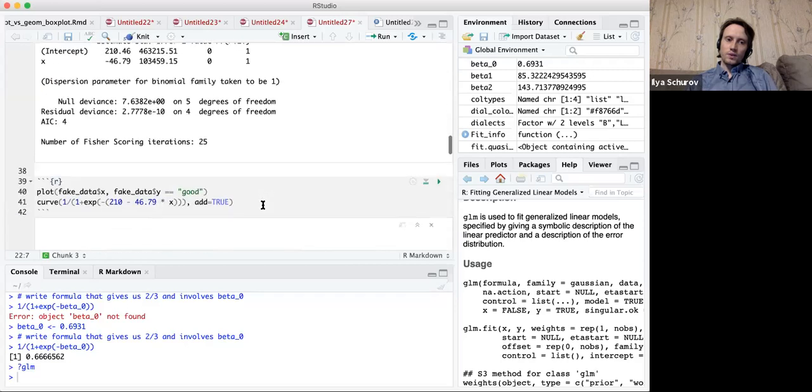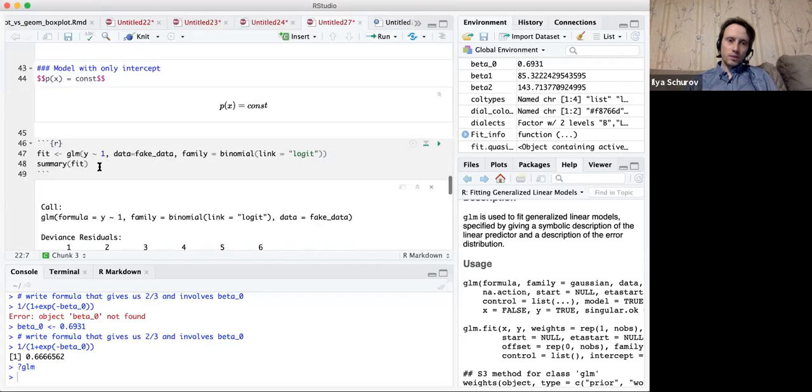And we can do it in GLM just by specifying number one instead of a variable here. We just say that on the right hand side we have only intercept. This intercept is denoted by just number one.